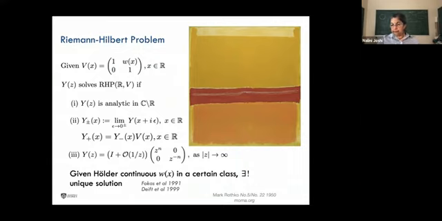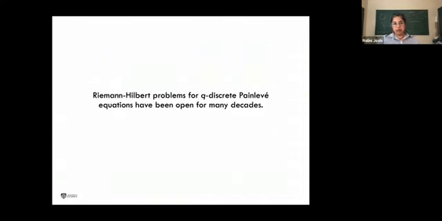So these three properties are typical of Riemann-Hilbert problems, but for the Painlevé and discrete Painlevé equations, the jump conditions can get complicated, and the lines across which you jump may not be as simple as the real line here. One of the challenging issues has been, how do we formulate and solve Riemann-Hilbert problems for the discrete Painlevé equations, in particular the Q discrete Painlevé equations?